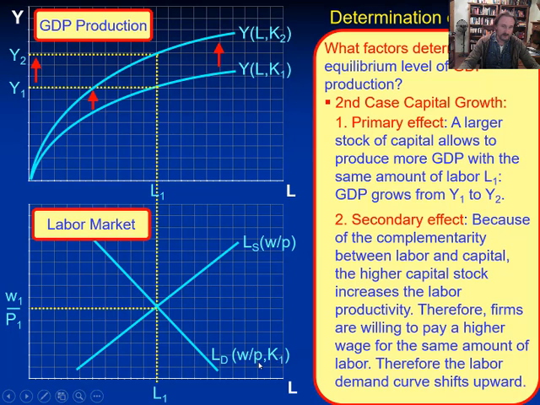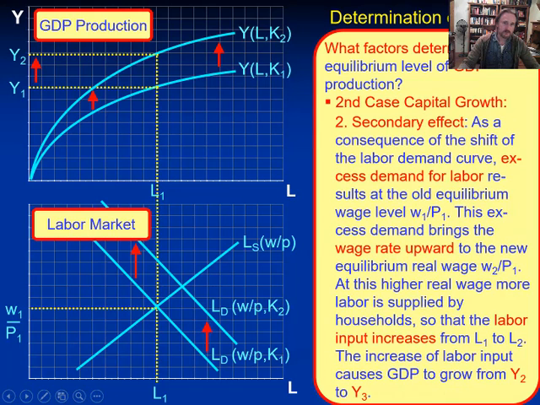And therefore, the labor demand curve shifts upward, or to the right. So we have two labor demand curves, one labor demand curve for the old, smaller capital stock, and one labor demand curve for the new, larger capital stock.